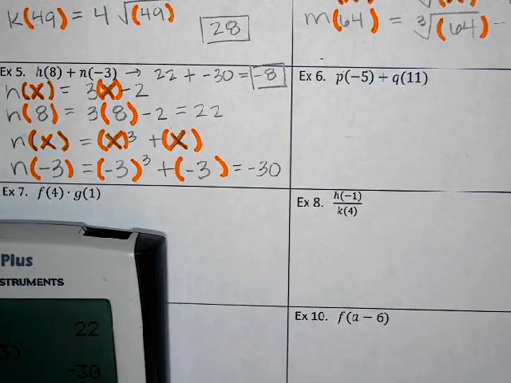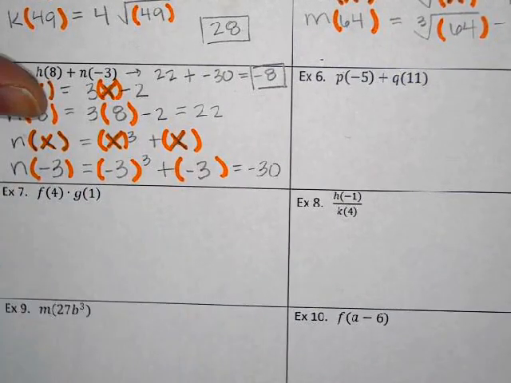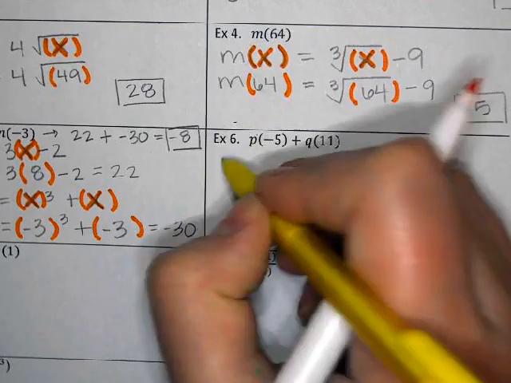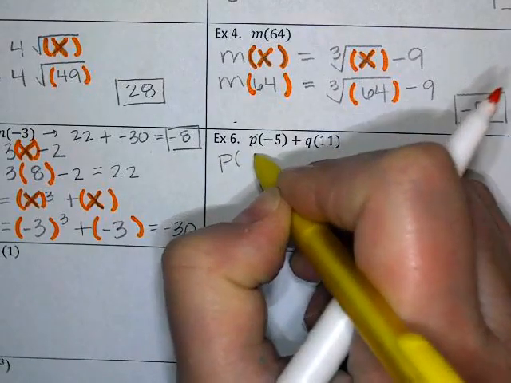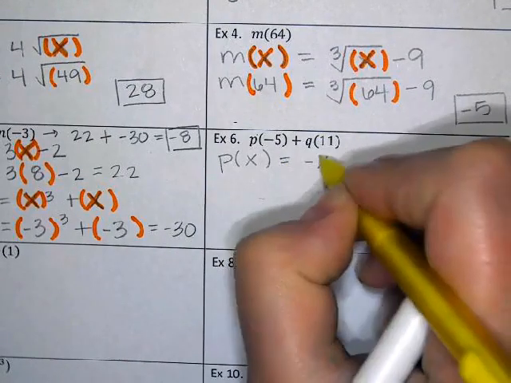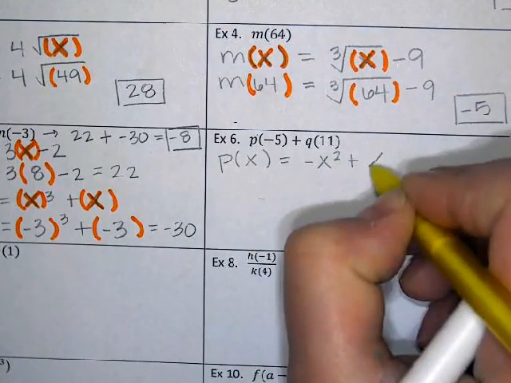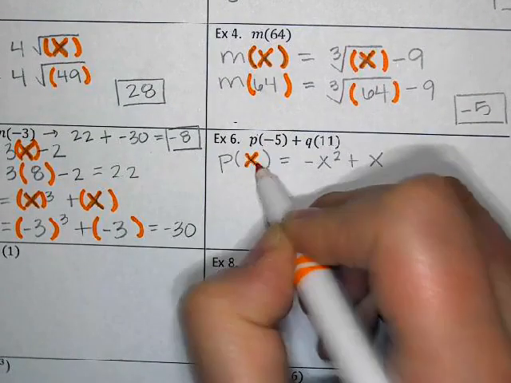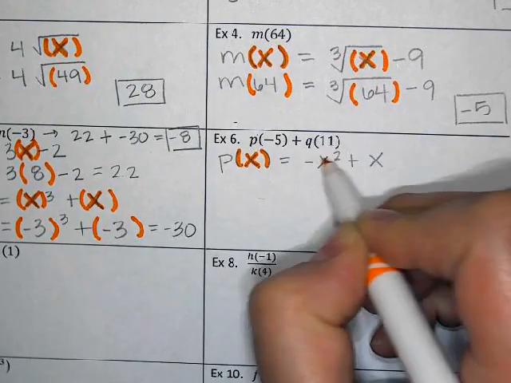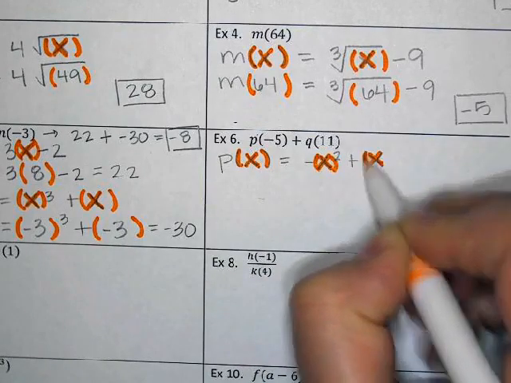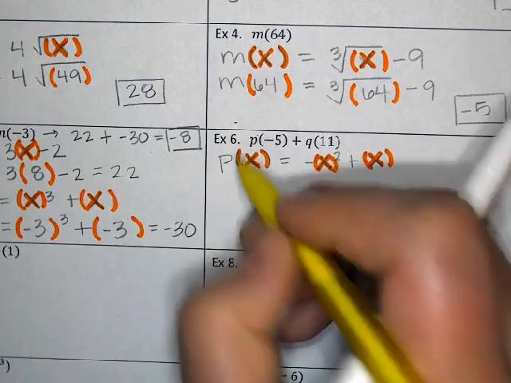Okay, let's do the next one. So P of x is negative x squared plus x. And I'm plugging in negative 5.